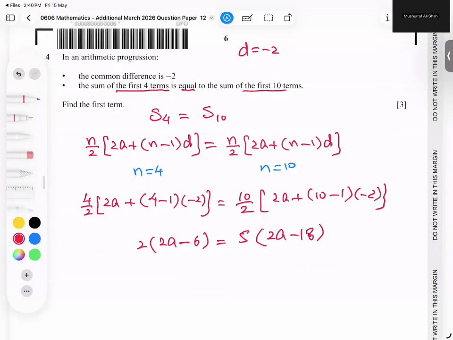Okay, I think the idea is clear. Now 2 multiplied inside, I got 4a and 2 6s are 12. And 10a, and 5 8s are 40, and I got 90.